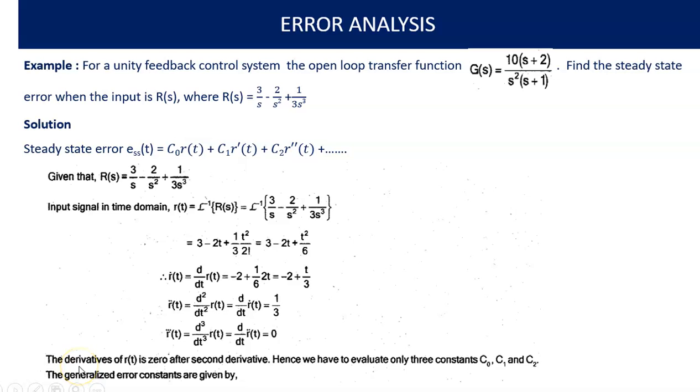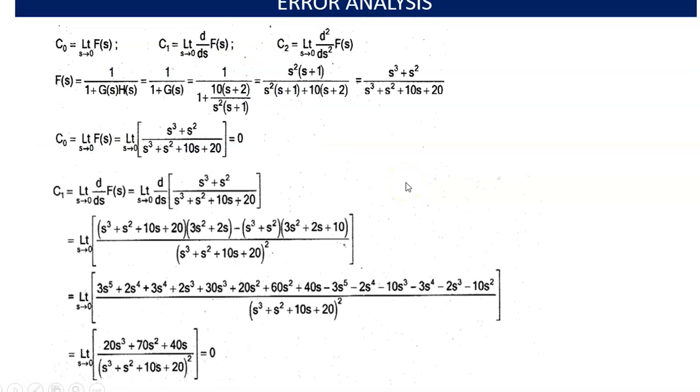So our equation is reduced to steady state error ess is equal to C0 r(t) plus C1 r dash t plus C2 r double dash t. Only this much. So our aim is to find the constants C0, C1 and C2.